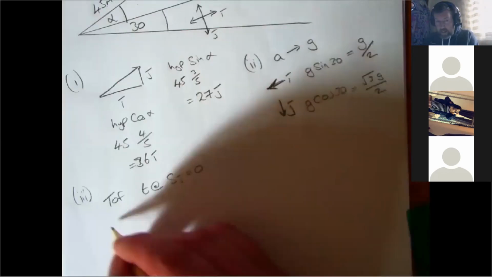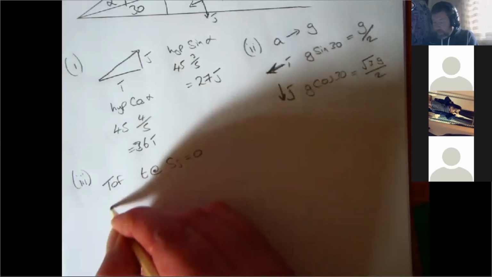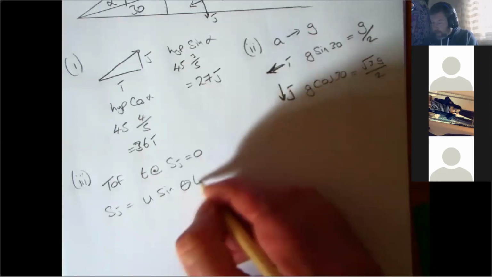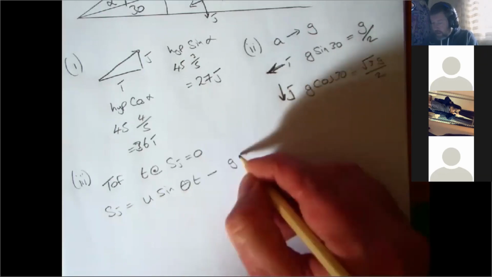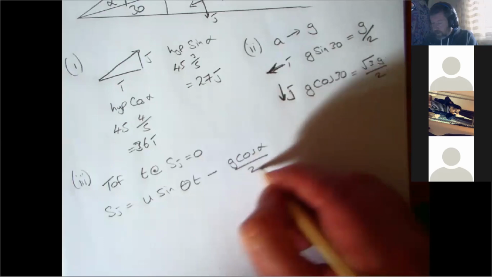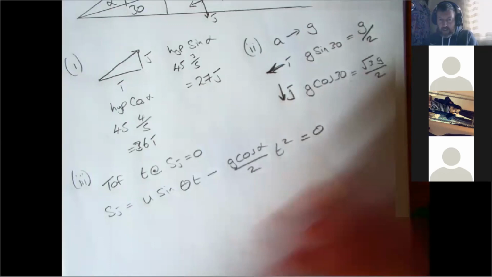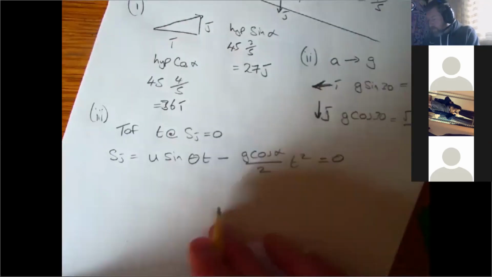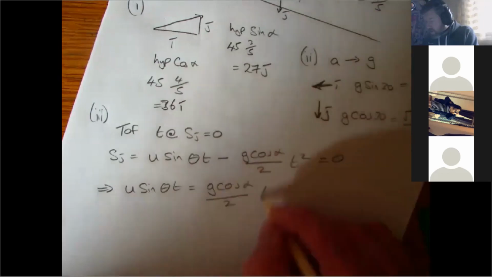So we're saying that S of J is equal to U sine theta T minus G cos alpha over 2 times T squared. We said that was equal to 0. That's how we know something lands. I should really flip this around there. That makes it easier for you. Anyway, so if that's equal to 0, that implies that U sine theta T is equal to G cos alpha all over 2 times T squared.